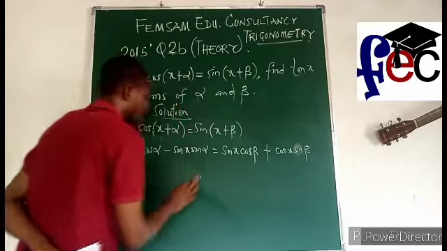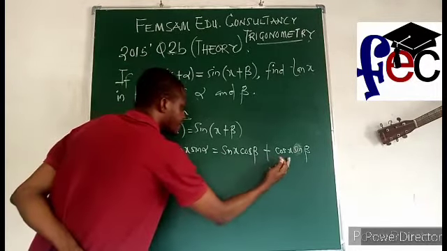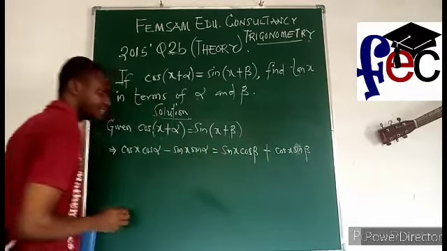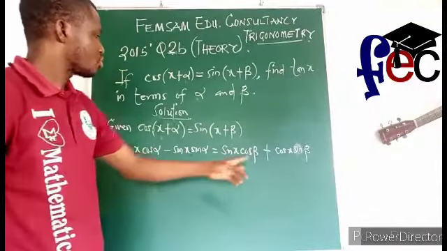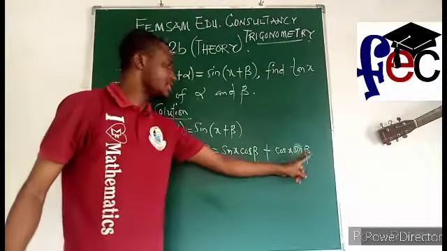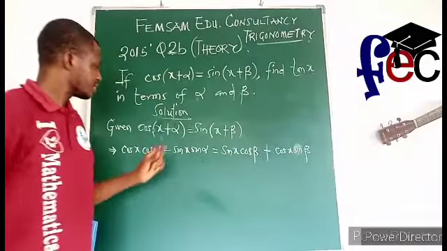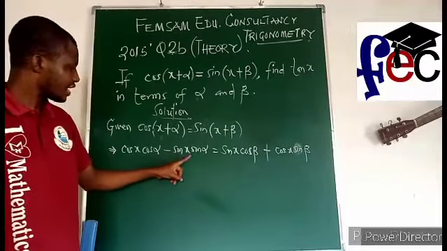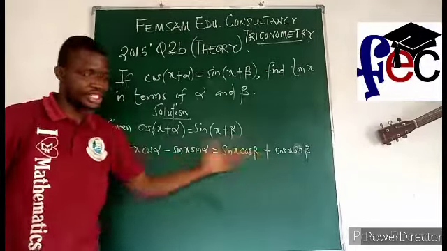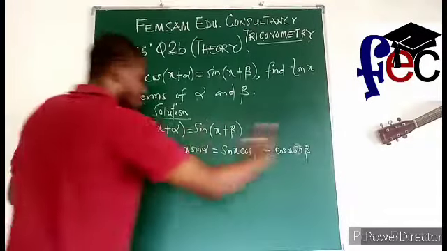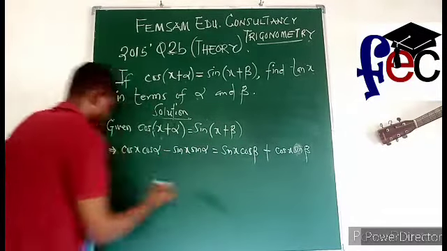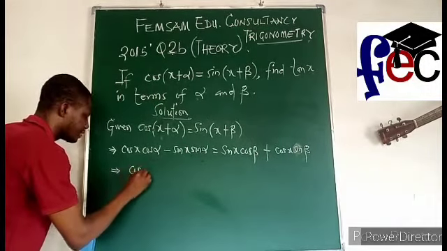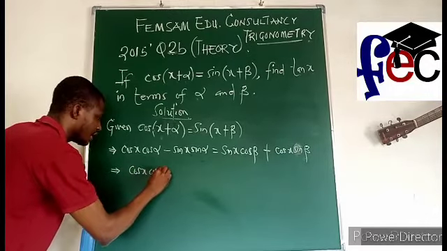So now I am bringing cos x sin beta to this side, and I'm taking this to this other side. It's just like saying subtract cos x sin beta from both sides. And here I can as well say add sin x sin alpha to both sides. So that statement I've just said makes all of this reduce to cos x cos alpha.